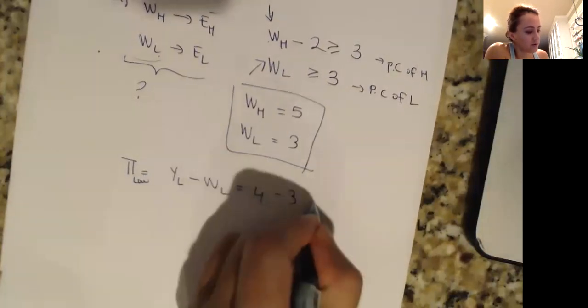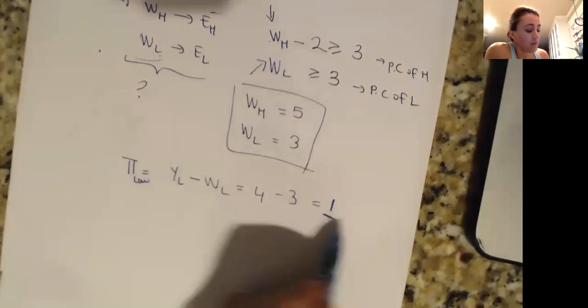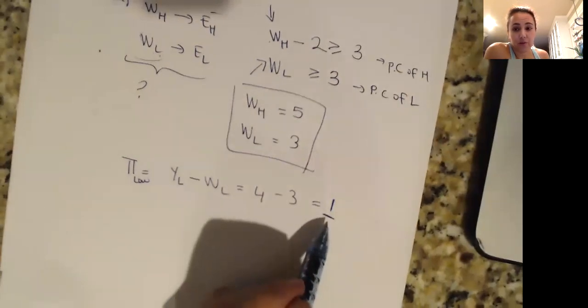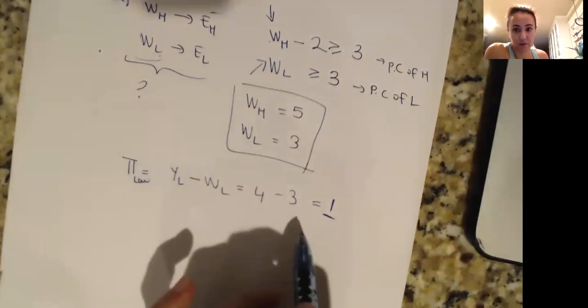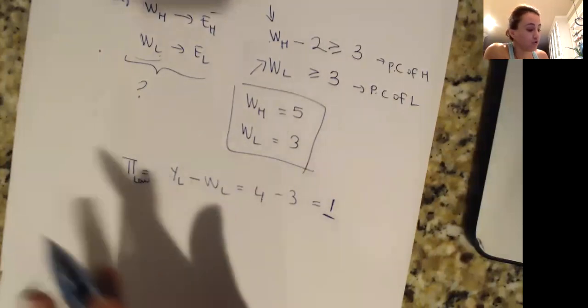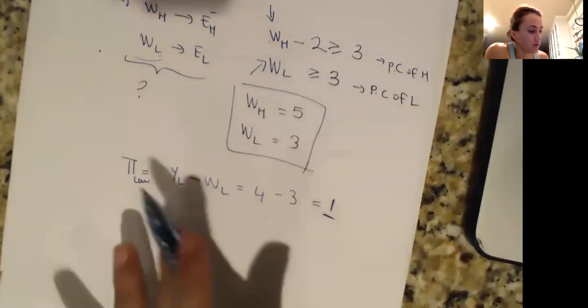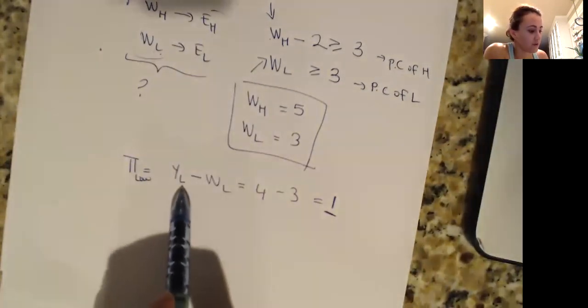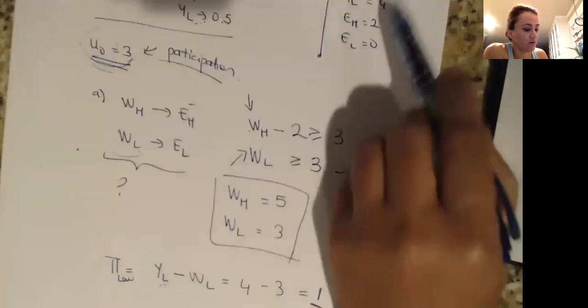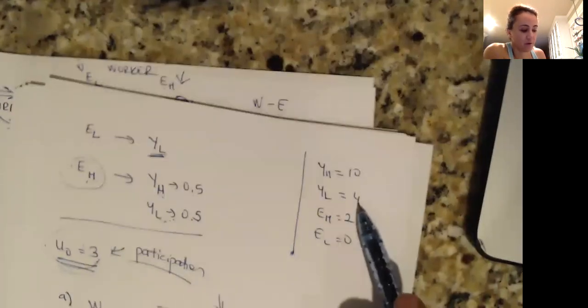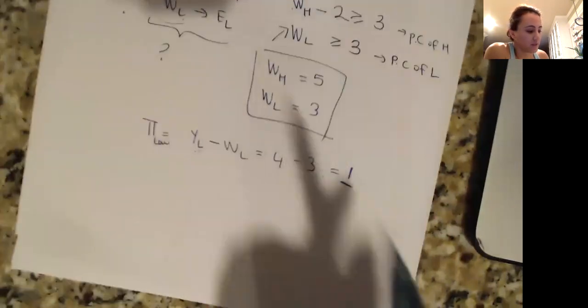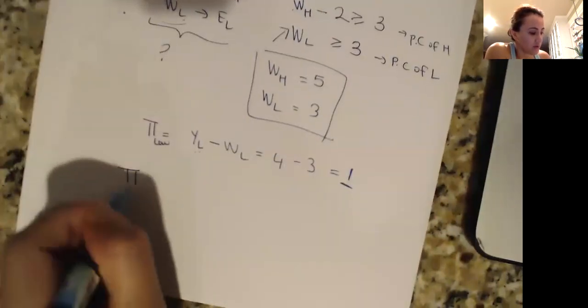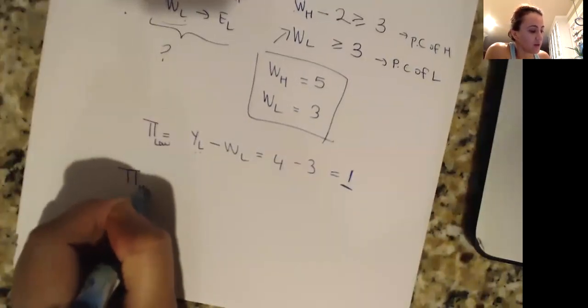So 4 minus 3, my profit is simply equal to 1. This is not an expected profit. This is a sure profit because I know that when I have a low effort worker, I will definitely get an output level of 4. The expected profit is when I have a high effort worker.